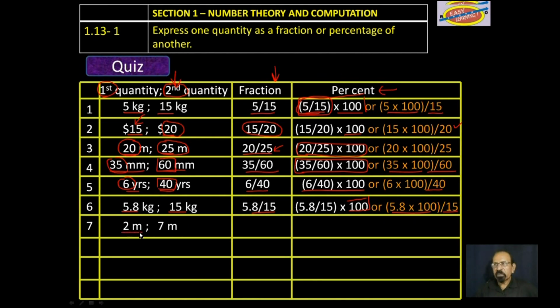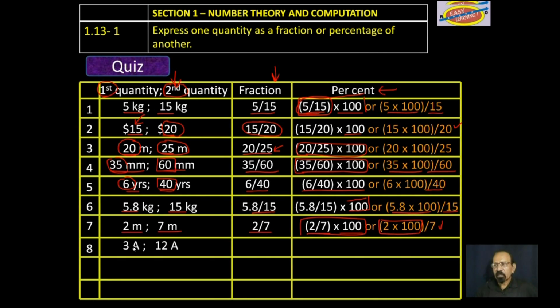Express 2 meters as a fraction and percent of 7 meters. So 2 out of 7, then 2 over 7 multiplied by 100. That's one way to get the percent. The other way is multiply the 2 by 100 first and then divide by 7.